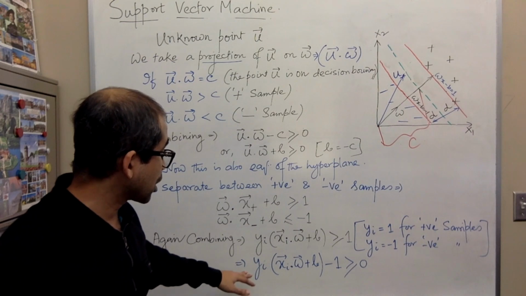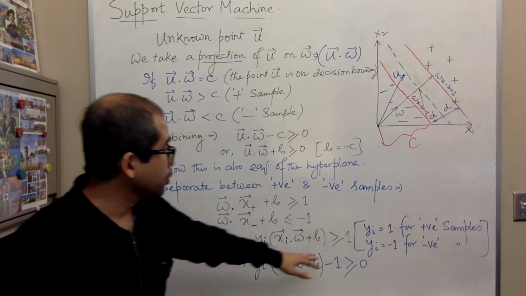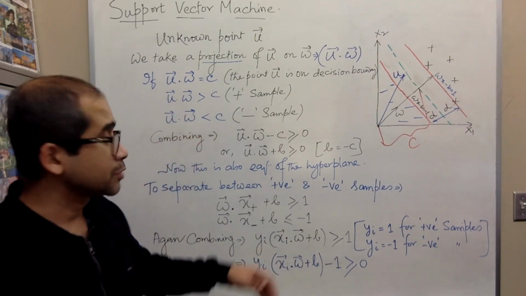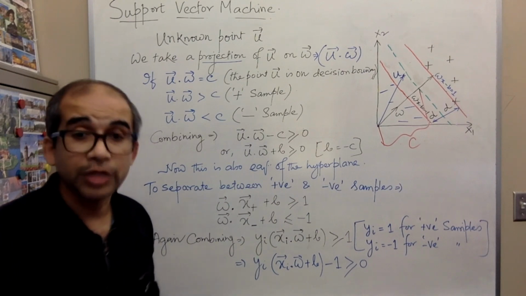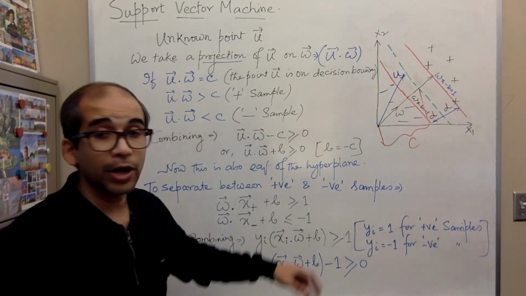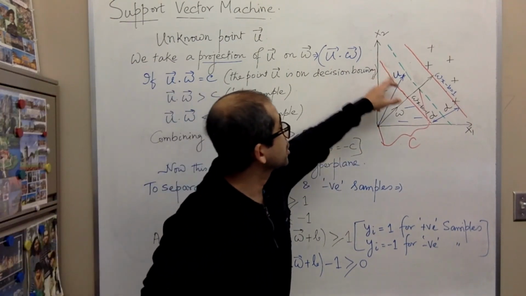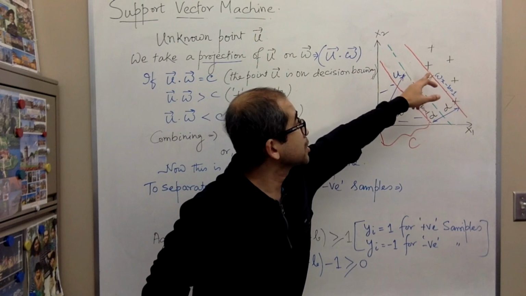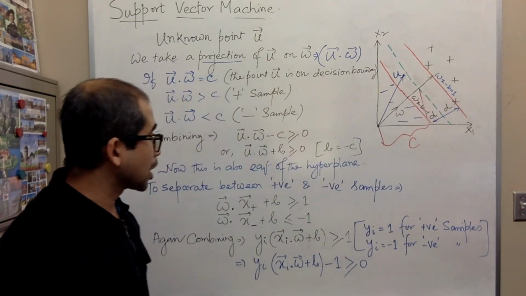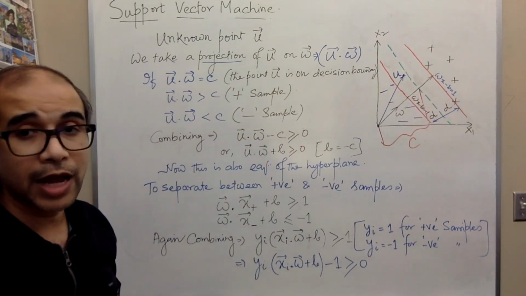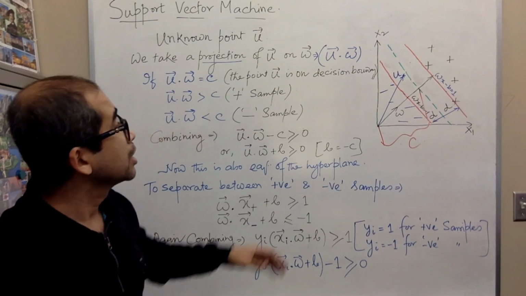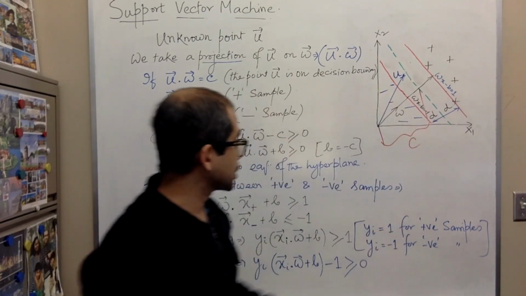Now just for representation, if we bring the minus 1 to this side, this becomes greater than or equal to 0. So for this equation, when it is equal to 0, the point is on the gutter, or these red lines, this side or this side. What is the meaning of that? That means these are basically those points which, if you remember, we call the support vectors.